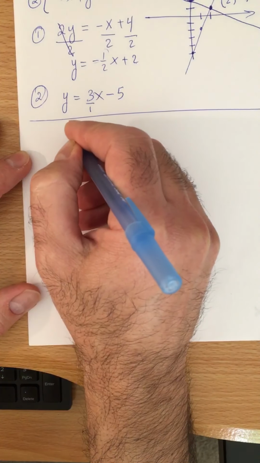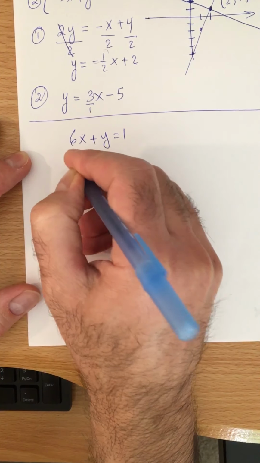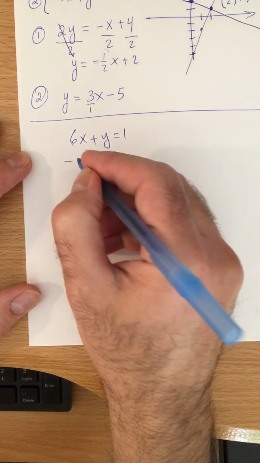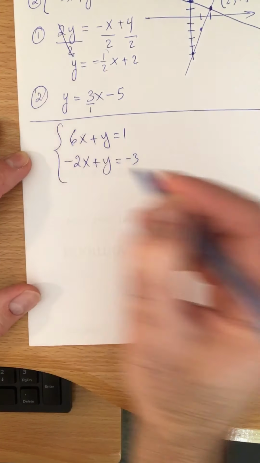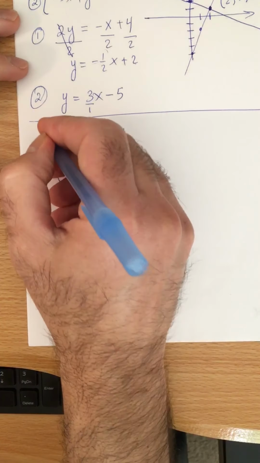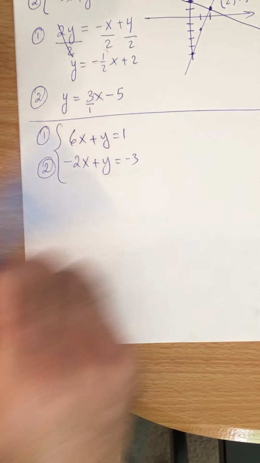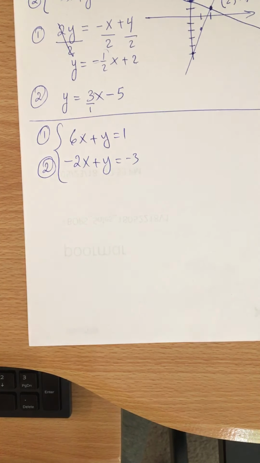Let's say I have this system: 6x plus y equals 1 and negative 2x plus y equals negative 3. So here's a system and I want to solve it by substitution. Basically in substitution, you look at your system and you pick an equation, whichever is easiest to work with, and solve for one of the variables.